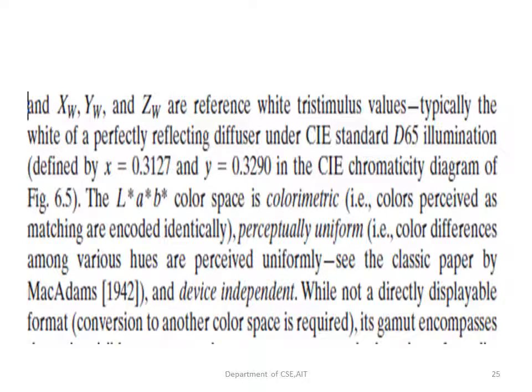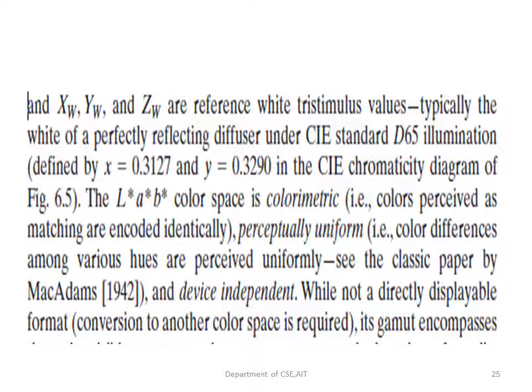The LAB color space is colorimetric. That means colors are perceived as matching identically, and it is perceptually uniform. That is, color differences among the various hues are perceived uniformly, and it is device independent. That means whichever device it is, it will not matter.